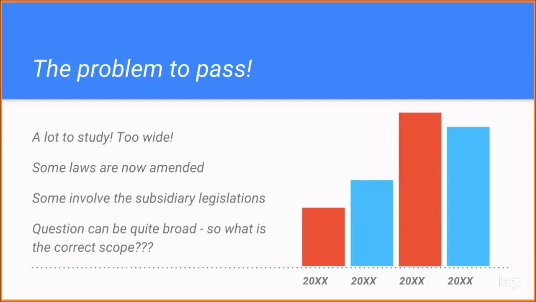Some laws are amended also. This is another problem with the paper Laws Relating to Property, because some of the acts have been amended over time. For example, the Strata Titles Act has been amended a few times, and some of the acts that were used before are already repealed.